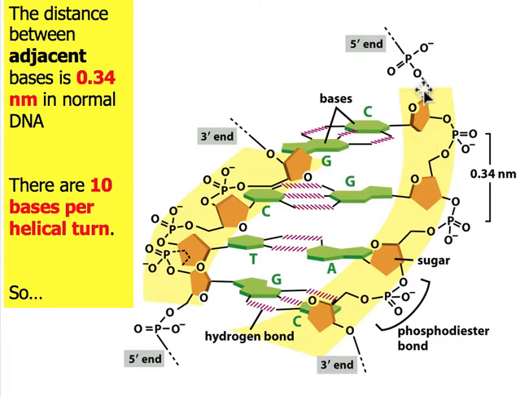Likewise, the top sugar group will have a carbon atom attached to the phosphate, and that will be the 5th carbon atom. All linear DNA molecules therefore have both a 5' and a 3' end on one side and a 5' and a 3' end on the other side. As we'll learn in Chapter 6, DNA can only grow in one direction.